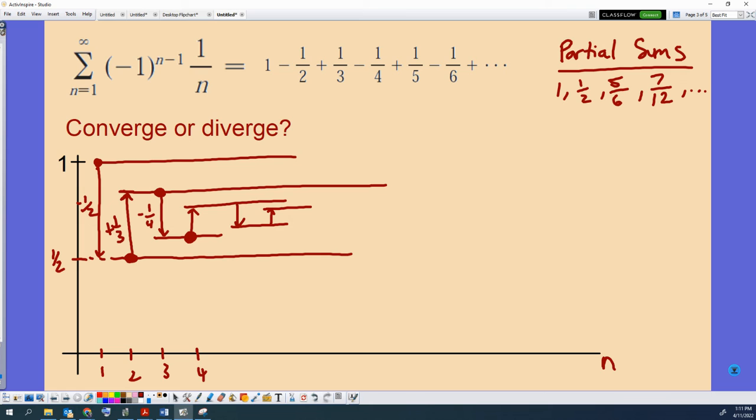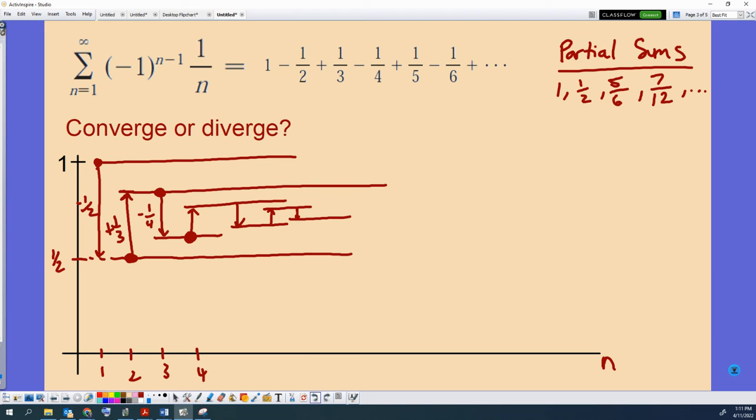If this keeps going, we know, as we go forward, we're never going to get outside of this range of y values, right? And if we go a little further, now we're never going to get outside of this range of y values, and so on and so on.